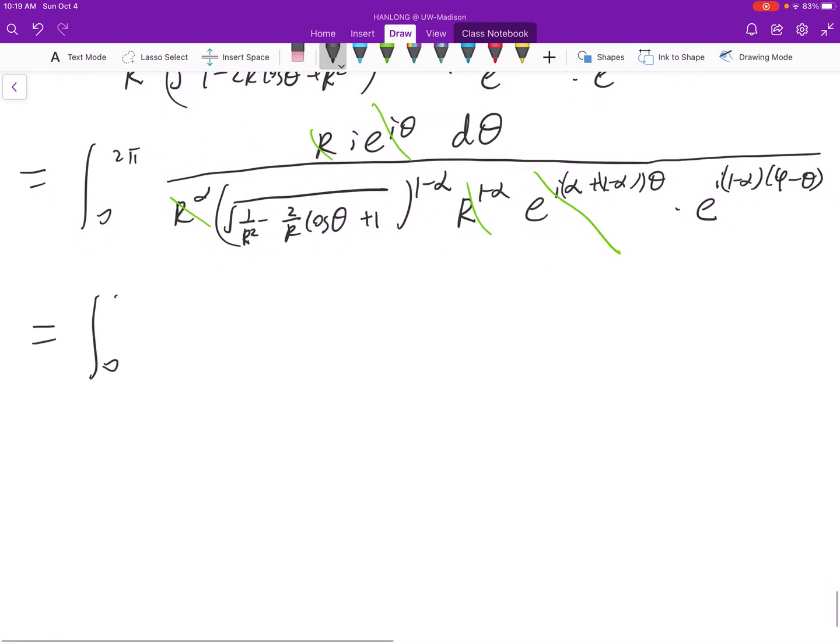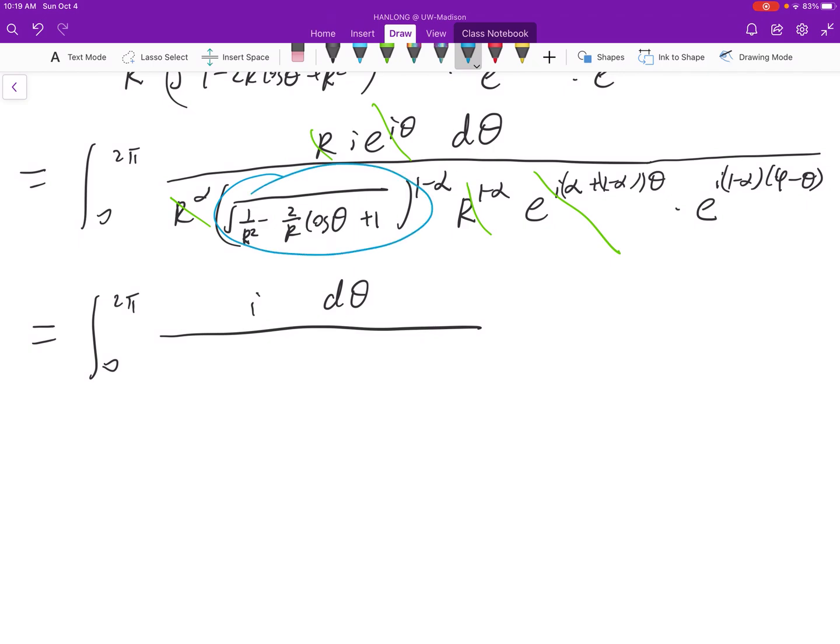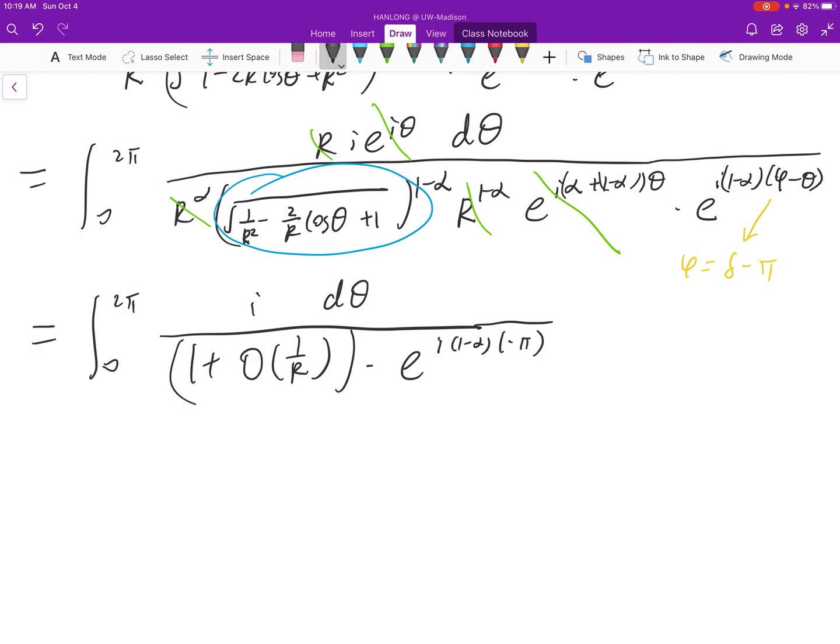You have integration I d theta, and for this part is 1 plus big O of 1 over R, and times, then you plug in phi. Phi is what? Phi is delta minus pi. So here you have exponential I 1 minus alpha negative pi, and you have exponential I gamma.